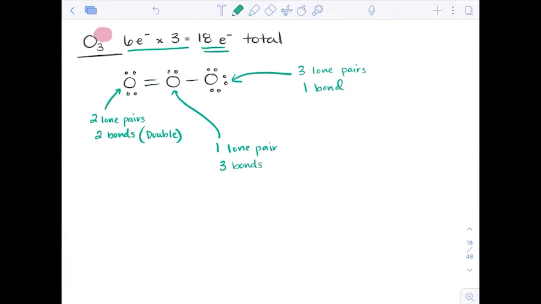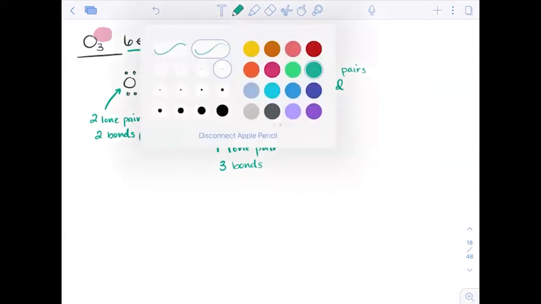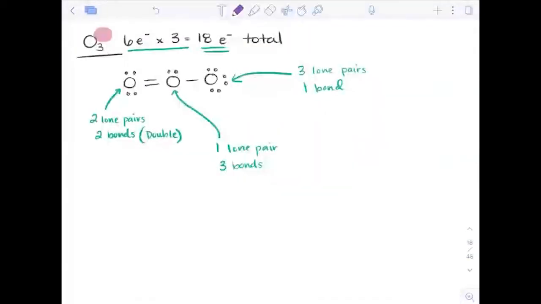So now what we're going to be able to do with formal charge is be able to say, well, is this the best? Does this make sense? Did I goof? Did I mess something up? All 3 oxygens look different, so they should have a different electronic effect on each other. And so let's start with the one over here on the left-hand side.